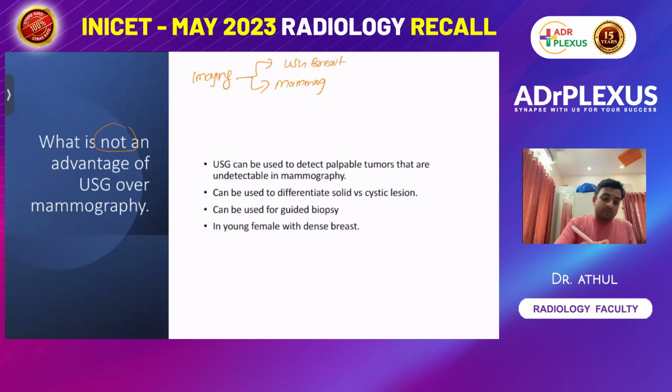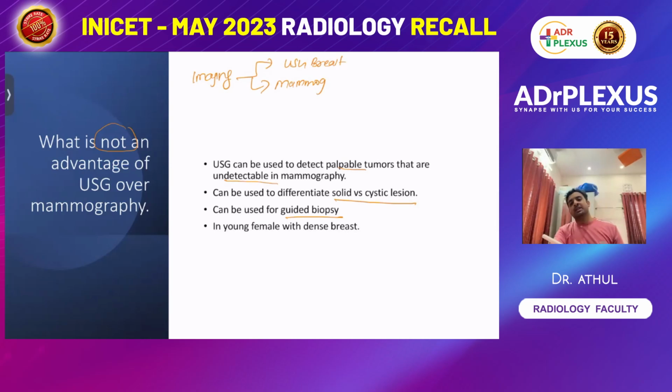The first option was that ultrasound can be used to detect palpable tumors that are undetectable in mammogram. We will wait. The second option is that it can be used to differentiate between solid and cystic lesions. So the examiner is telling you ultrasound will help you differentiate between solid and cystic lesions. The third option is that it can be used for guided biopsies.